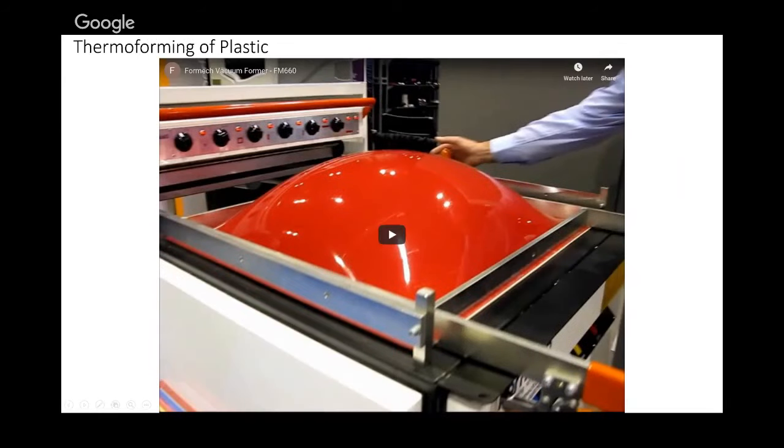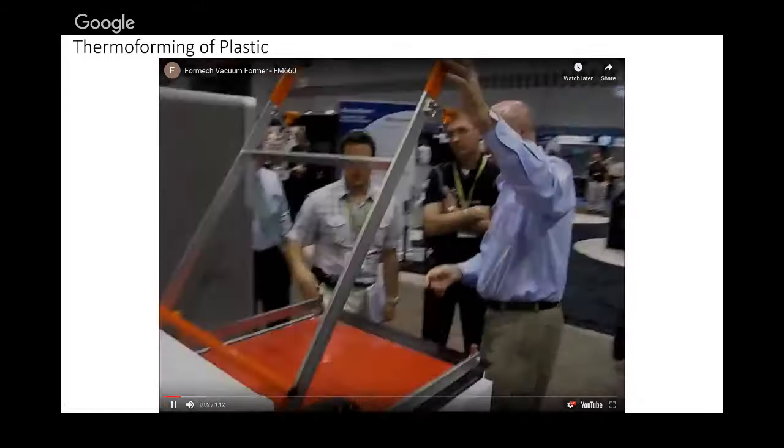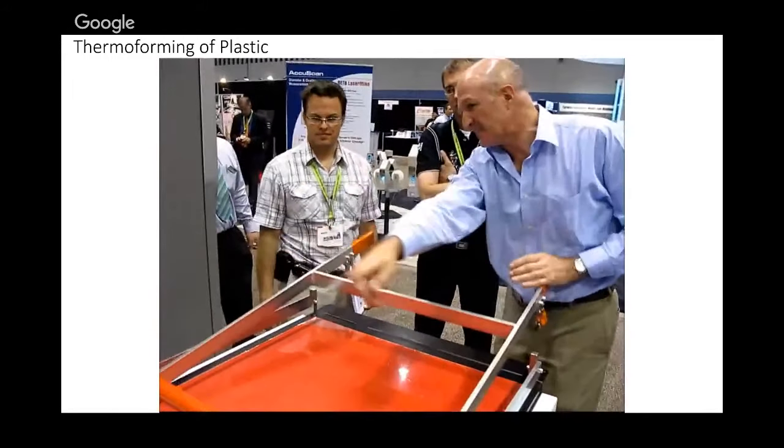All right, there you go. There's one more that I'd like to show you, and this is thermoforming. This is an interesting one. This is primarily for the thermoplastics, but you soften a sheet of plastic and then you're able to form it with a vacuum. Thermoforming is also called vacuum forming.